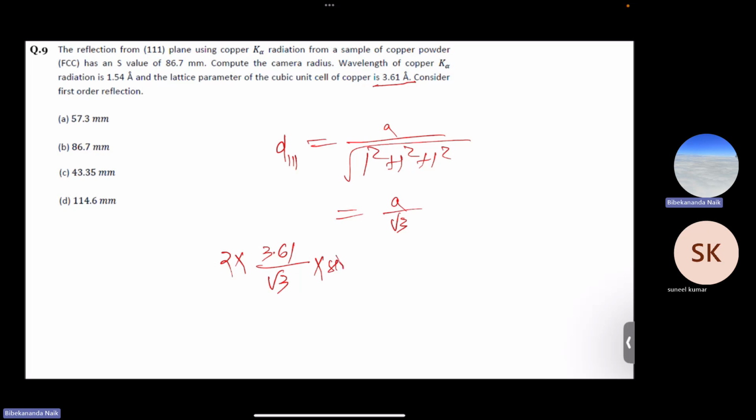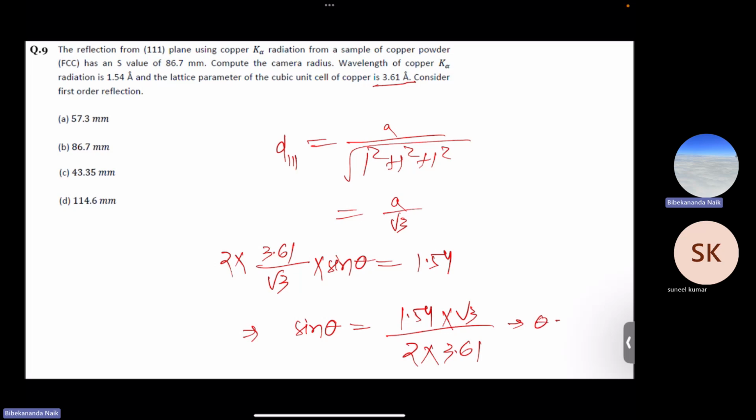2d sine theta is equal to n lambda. n is 1 and lambda is 1.54. So sine theta will be 1.54 into root 3 divided by 2 into 3.61, which corresponds to theta equal to 21.68 degrees. Is it not?